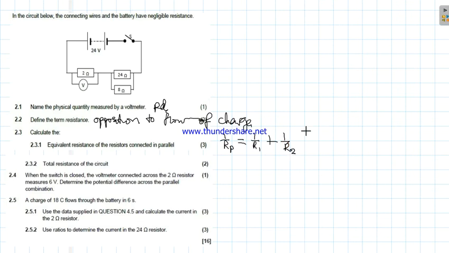Okay, so now we can substitute. We have 1 over 24 plus 1 over 8.